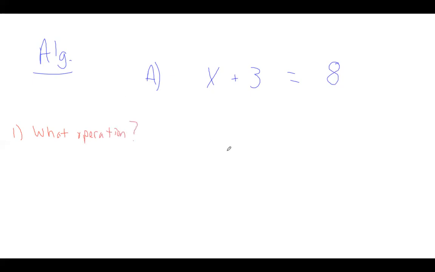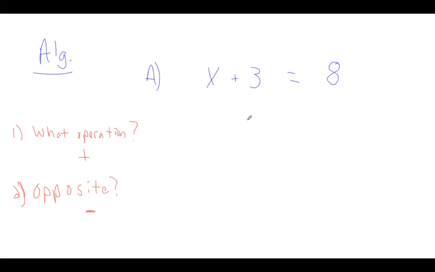What is the operation? And here we see that the operation is addition, right? And so then we ask ourselves, what is the opposite of that operation? And in this case, subtraction is the opposite of addition, right?